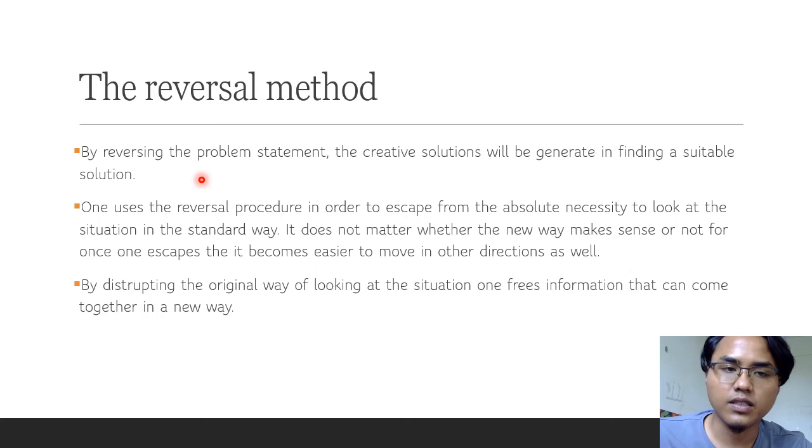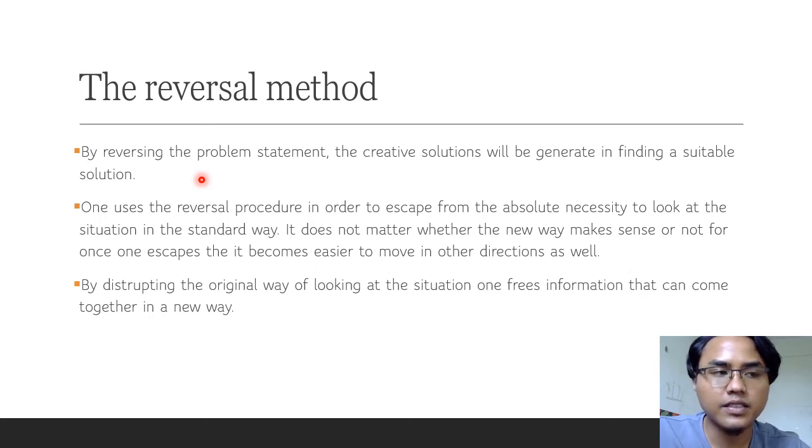So the reversal method is disrupting the original way of looking at the situation, or freeing information so that it can come together in a new way. So we can see that the reversal method means escaping the absolute necessity to look at the situation in the standard way.